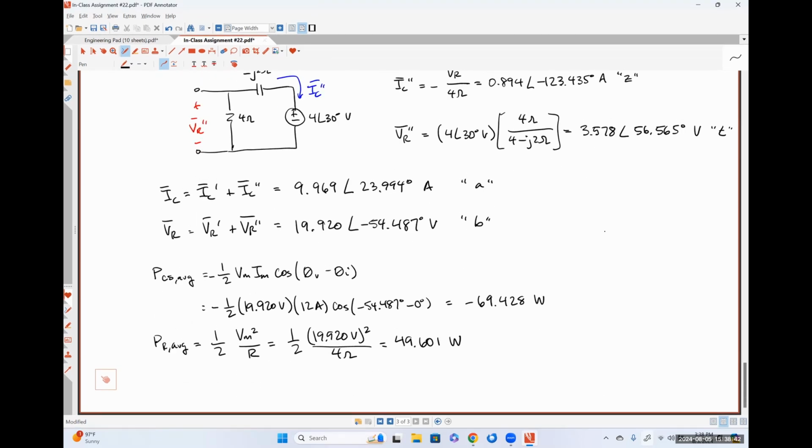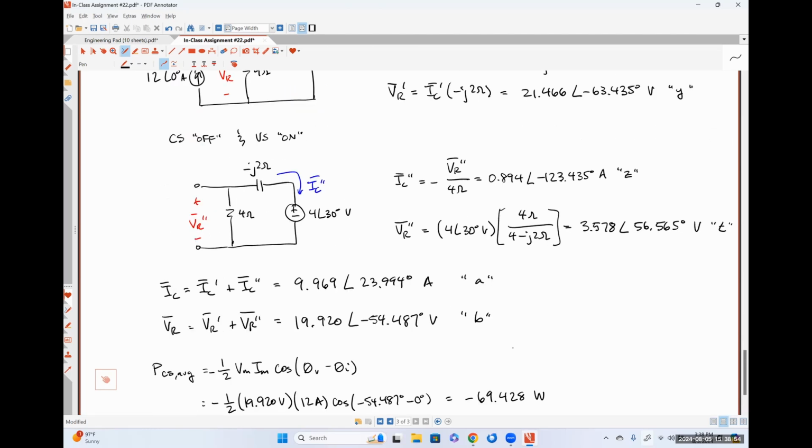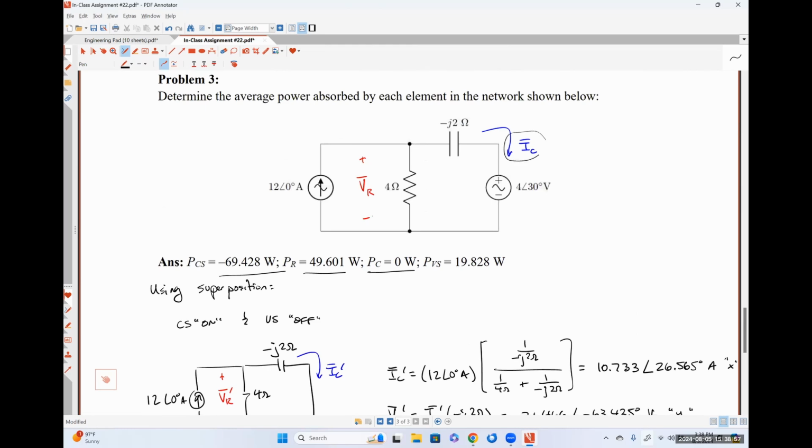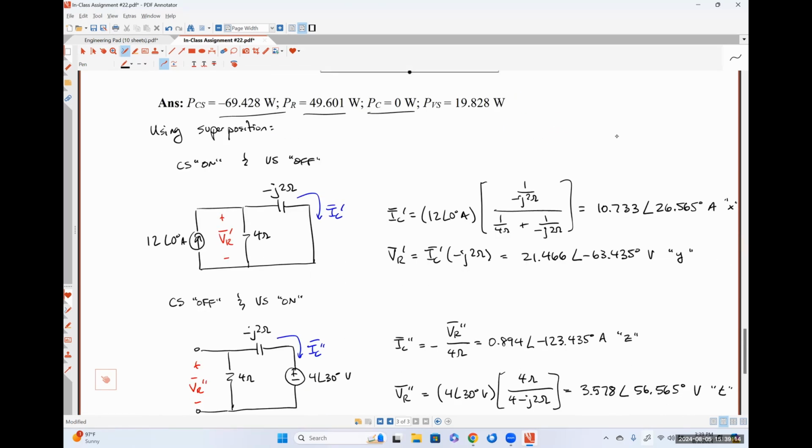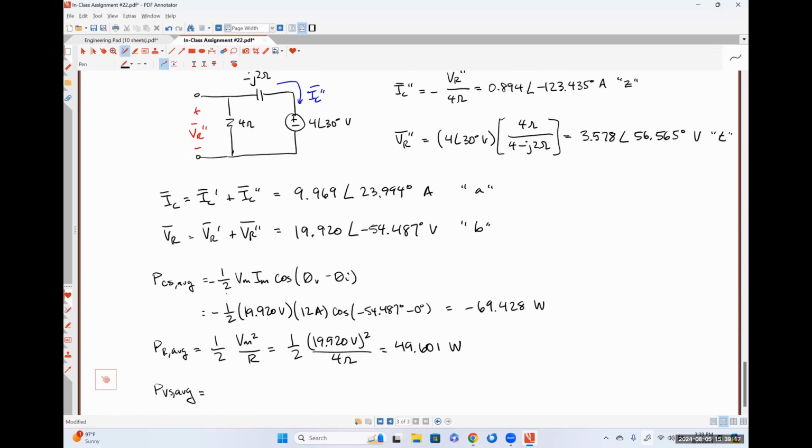For my voltage source, we're going to have to use the same relationship that we used for our current source. But I just want to be clear here. We defined our current IC as flowing into the positive polarity terminal. Since we're asked for absorbed power, we're just going to use that relationship, but we don't need the negative sign this time because our situation isn't set up for supplied power. So using this equation from above, we're going to have positive 1/2. The magnitude of the voltage drop is 4 volts.